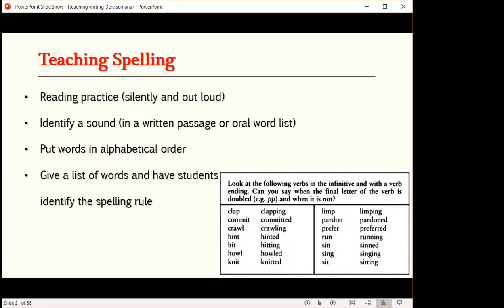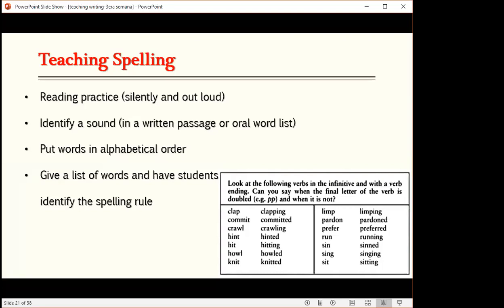Most of the time we do that with our students, to make the double letter when you add maybe ing or ed. So the spelling rule says that when it finishes in consonant, vowel plus consonant, you double the last consonant.